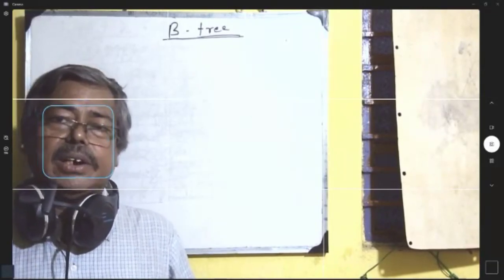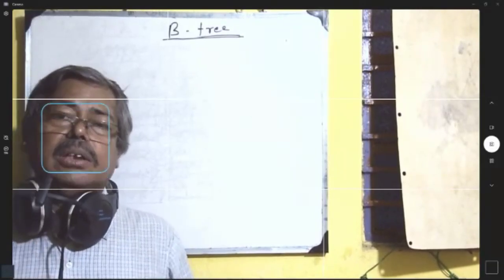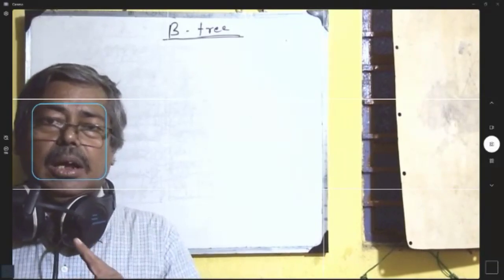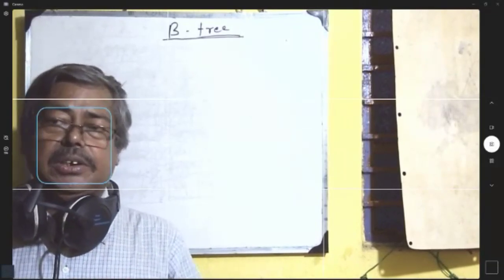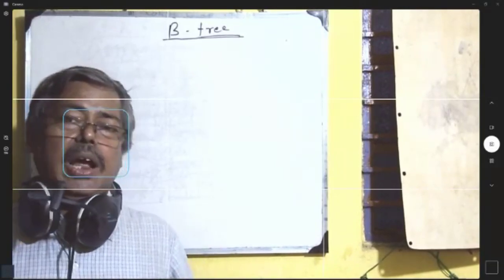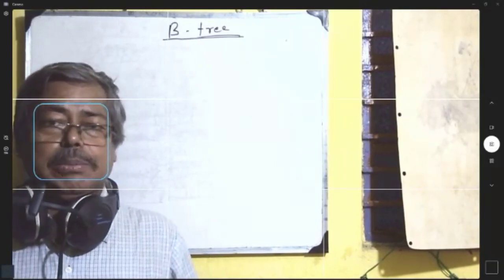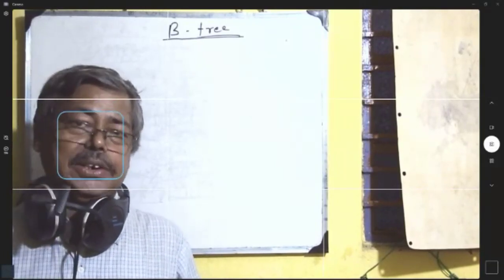When any data is entered in the B tree, the comparison starts from the root node. If the value of the data to be entered is less, it will be shifted to the left position, and if the value is higher, it will be shifted to the right position.